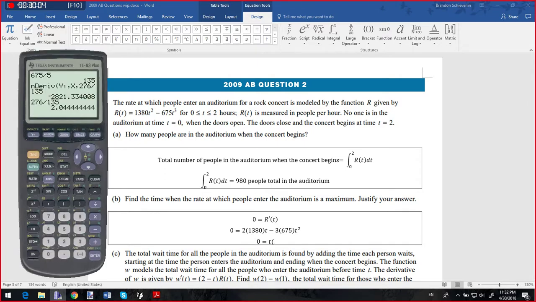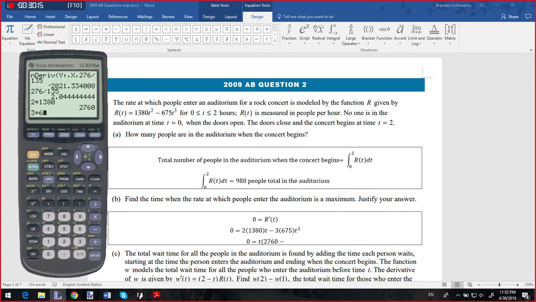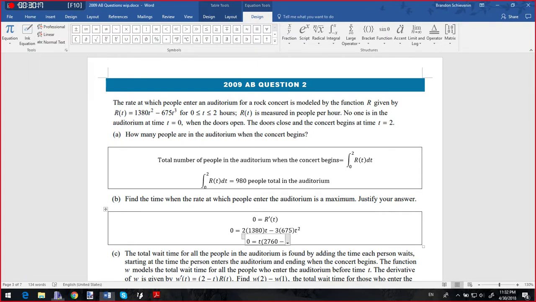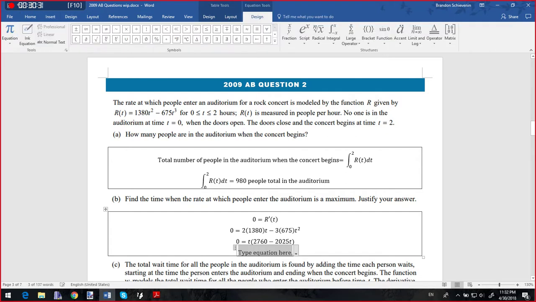Let's multiply this out too. Okay, so that gives me 2 times again. So either t could equal 0 or t equals 2760 divided by 2025.